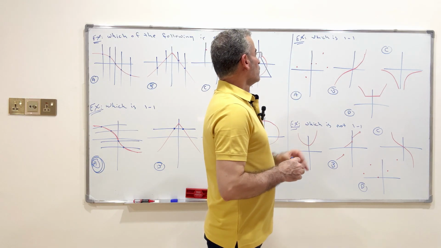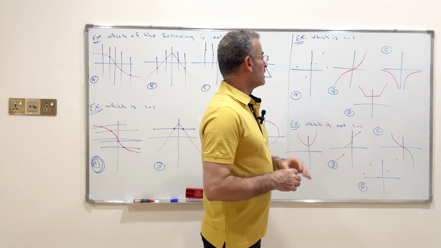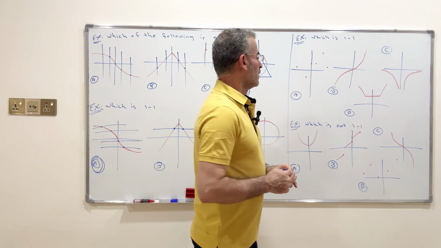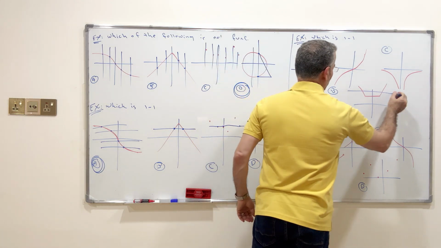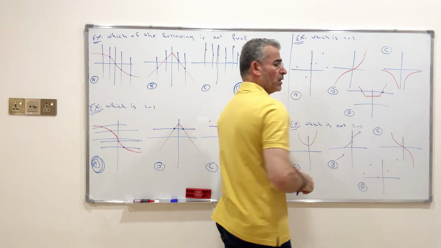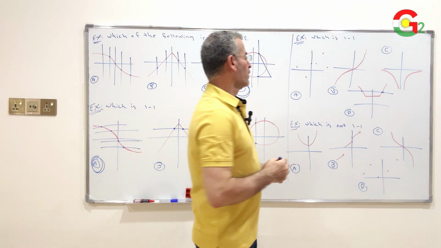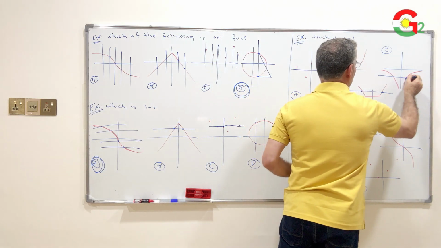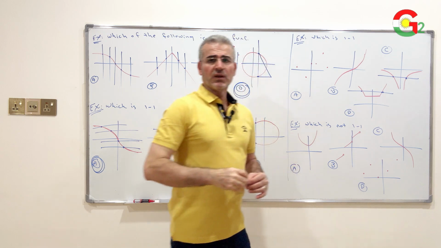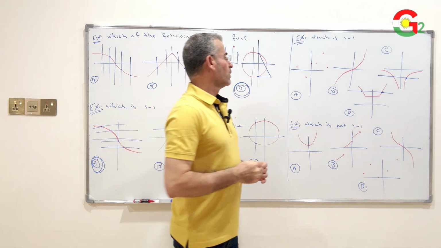Example, which one of these graphs is a one-to-one function? Also, if we draw a horizontal line here, it intersects with the graph in 2 points. If we draw a horizontal line, we see it intersects with the graph in 2 points.